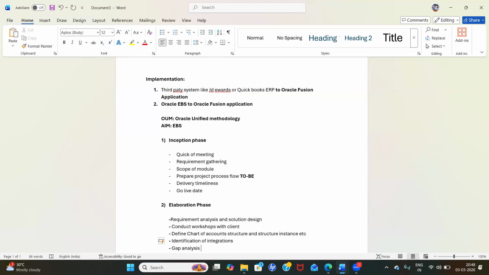So you have to understand the equivalent process available in the Oracle Fusion application, then map it as per the existing business process. That gap analysis we have to do in the elaboration phase. As part of the second phase, the elaboration phase, you are going to do gap analysis also. We call it fit gap analysis, between your legacy system and the Oracle Fusion system.